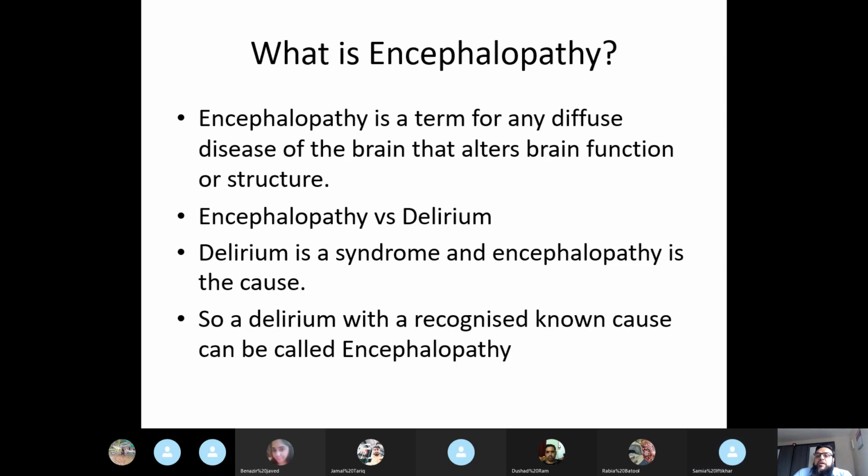For example, diabetes is a syndrome, but the disease is usually somewhere in the pancreas. Similarly, the symptoms of liver disease are the syndrome, but the cause could be hepatitis B, alcoholic liver disease, or hepatitis C. So encephalopathy is a cause for the delirium syndrome. Today we will be dealing with the delirium picture in Wernicke's encephalopathy. It is a delirium for which there is a known cause.